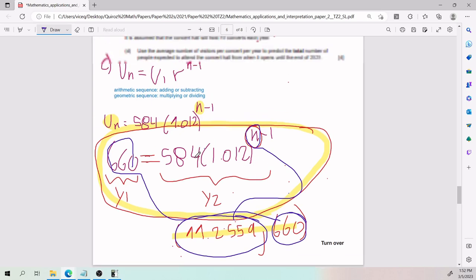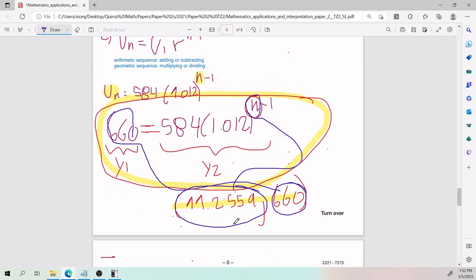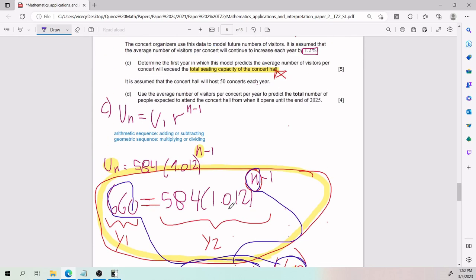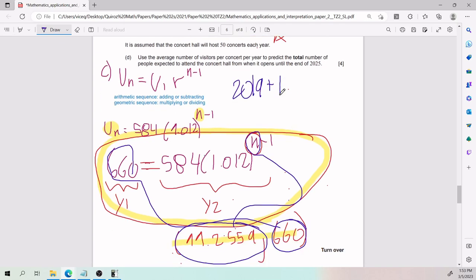So n has to be 11.2559 in order to make this work. Within the context of the problem, we are talking within the year 2019. So 2019 plus a little bit over 11, so 11.2, is going to give me just about 2030. So 2030 a little bit onwards is going to be the year where the seats get exceeded.